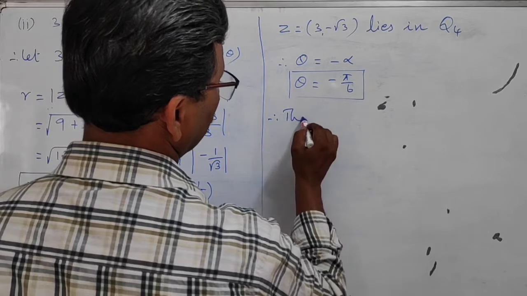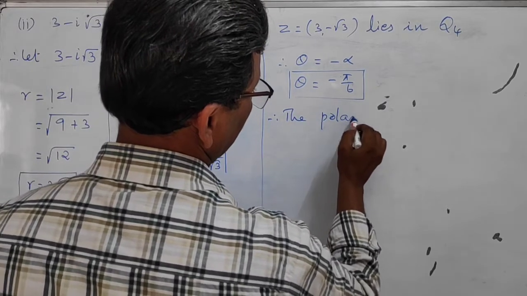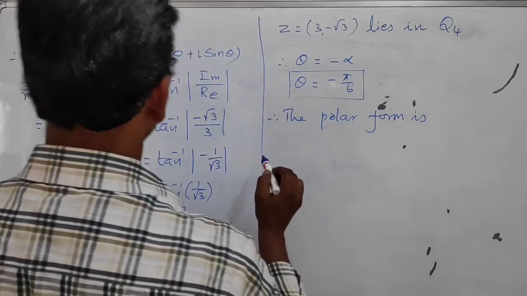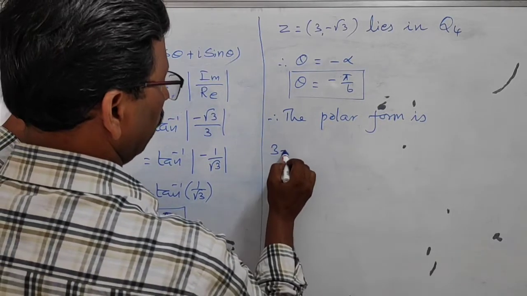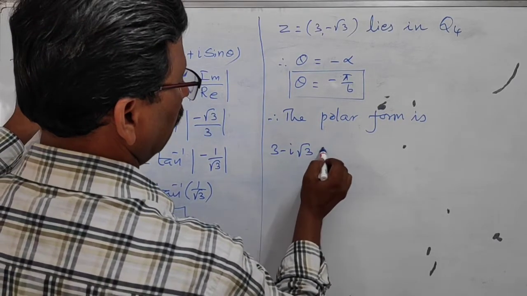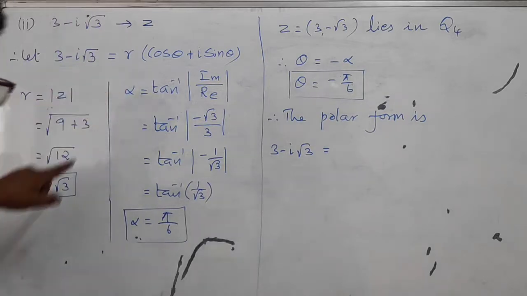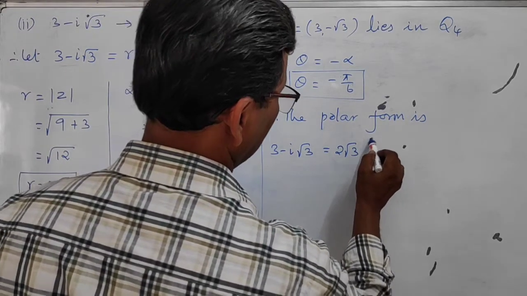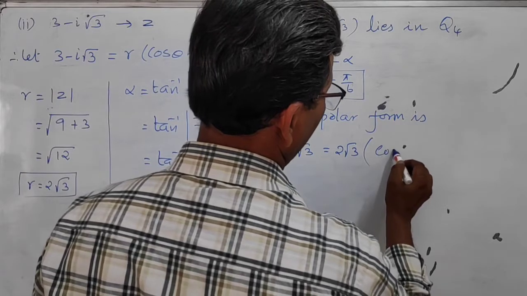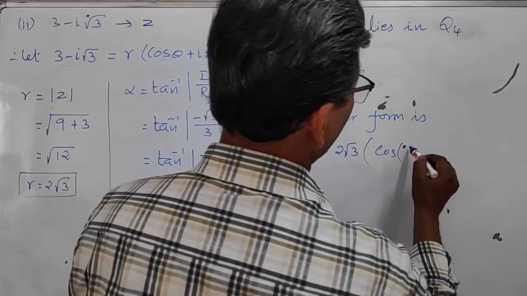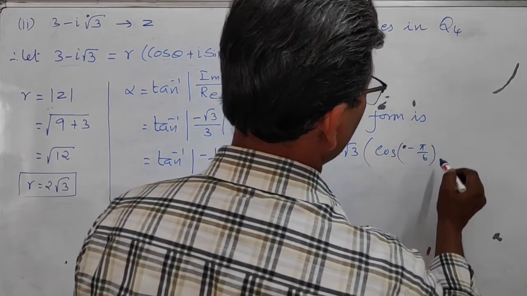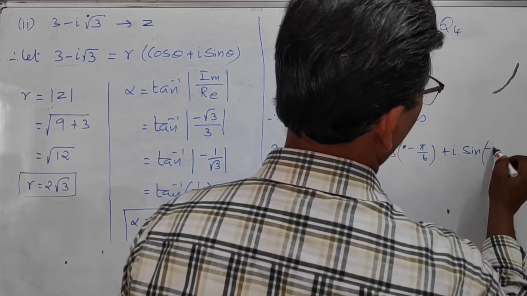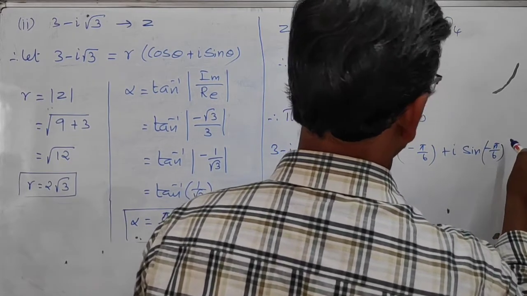Therefore the polar form is this one. 3 minus i root 3 is equal to R, where R is 2 root 3, into cos of theta, that is minus pi by 6, plus i sin of minus pi by 6.